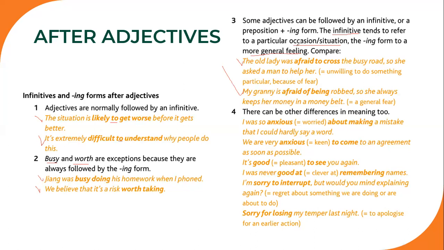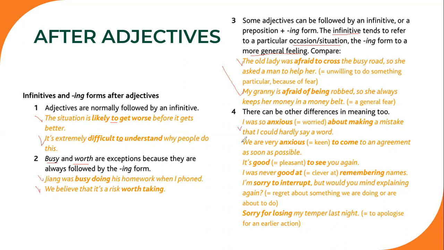That is the difference in this case. And we can also have other differences in meaning, not only that it's particular or more general. So these ones we have to learn a little bit, try to remember the differences between these adjectives with ing and adjectives with to. Okay, let's read them here.